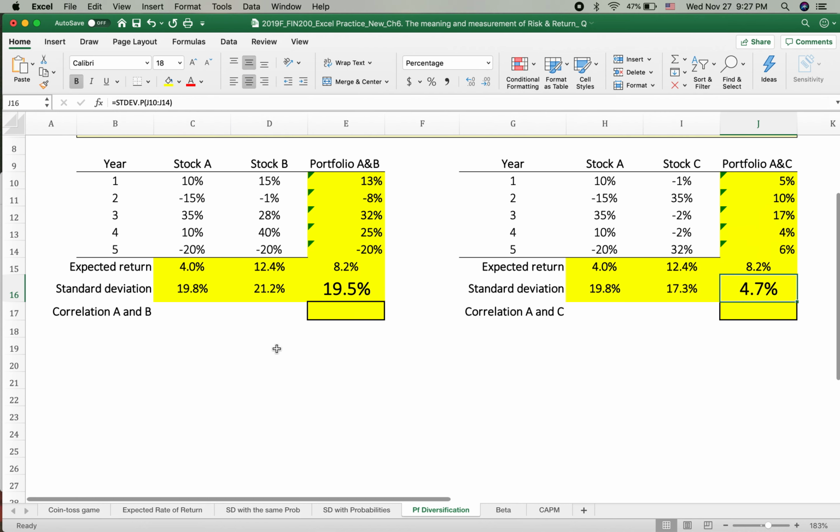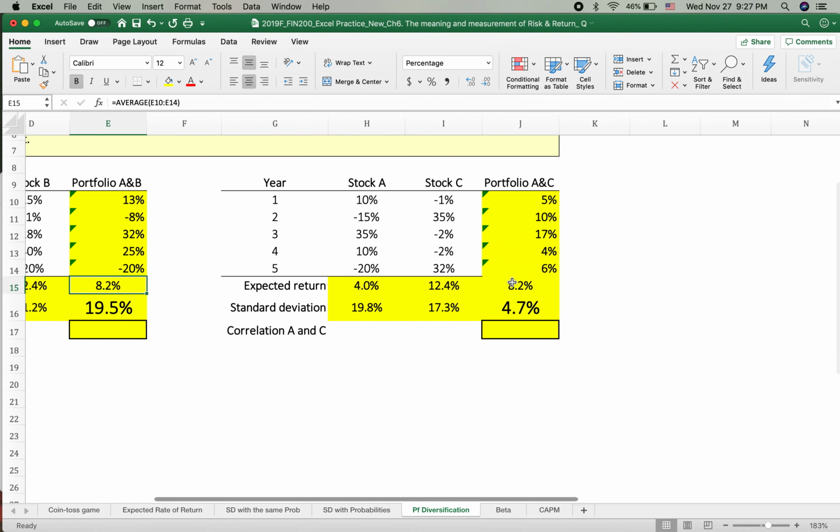Okay, if we invest in stock A and B, oh, there are huge ups and downs, 19.5%, when we expect a rate of return of 8.2%. But when we invest in the portfolio A and C, we expect 8.2% with a standard deviation up and down of 4.7%.